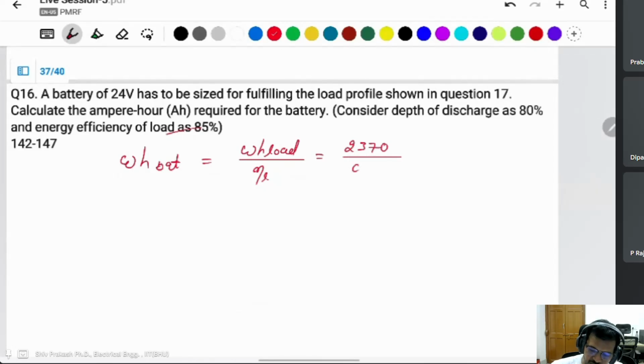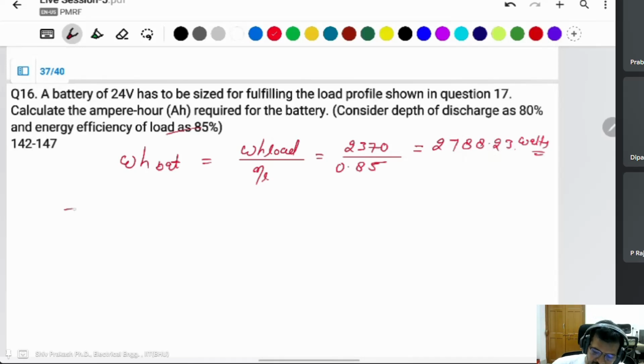Efficiency of the load is 85%. It will be 2788.23 watt hours requirement for the loads.